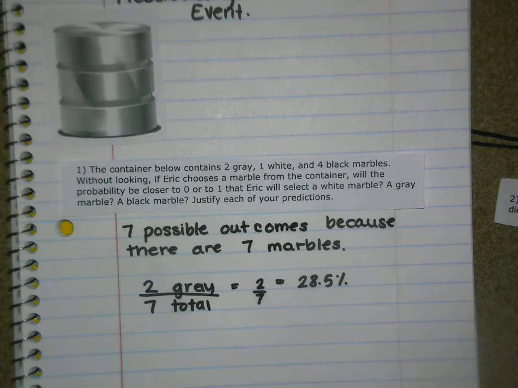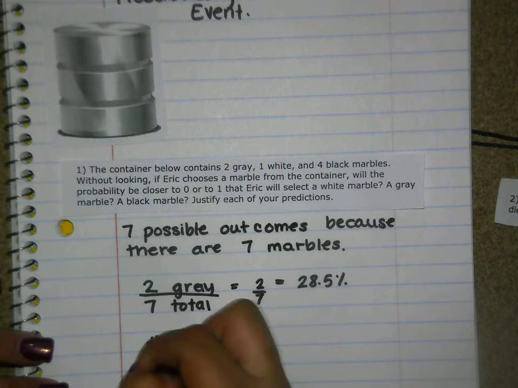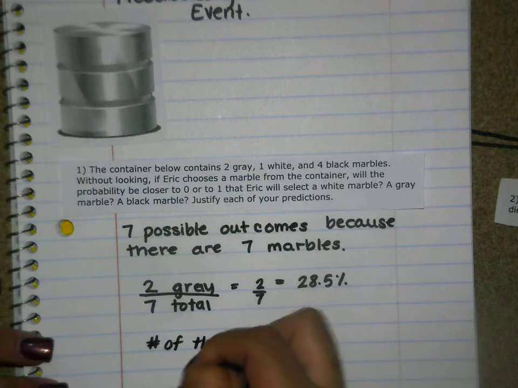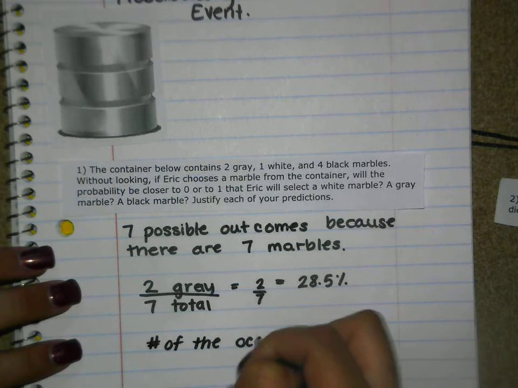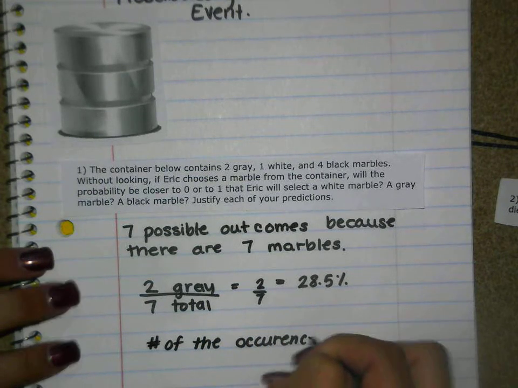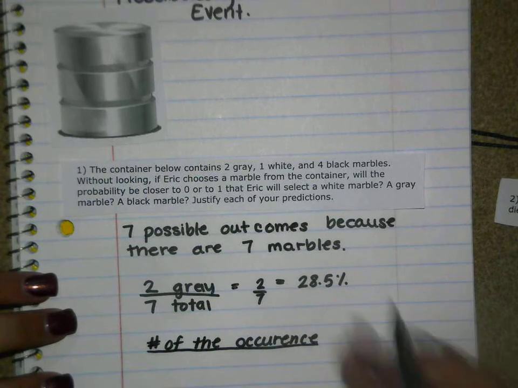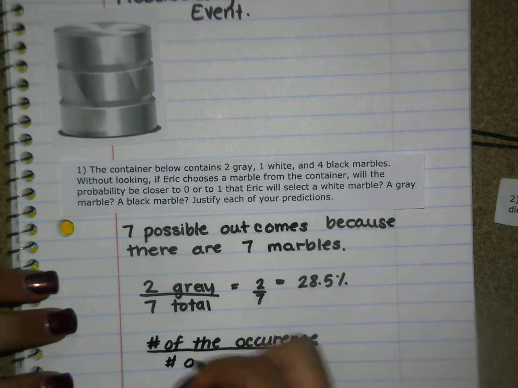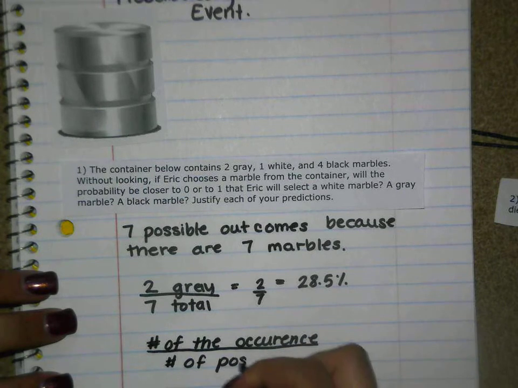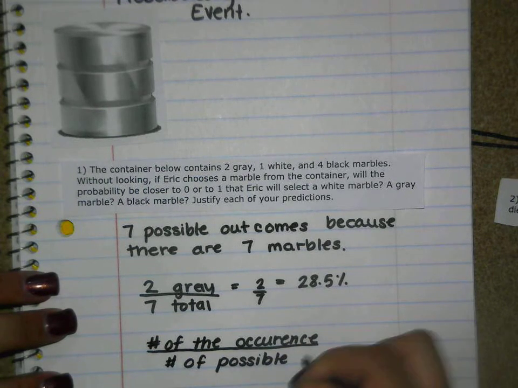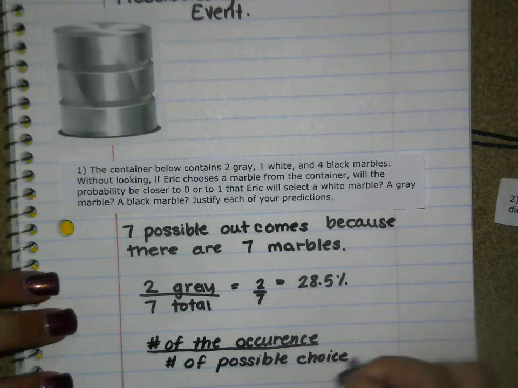So what I'm telling you is that we're going to be putting this into general terms by saying the number of the occurrences over the possible choices. So the number of the occurrence, in this case the grays had 2, over the number of possible choices. And that's going to equal your probability.